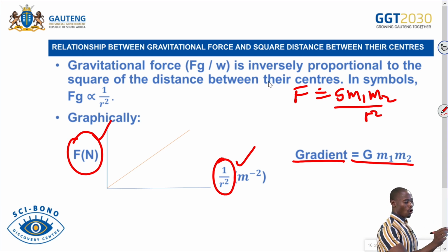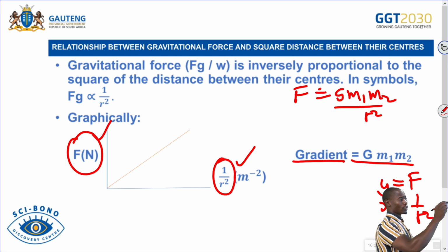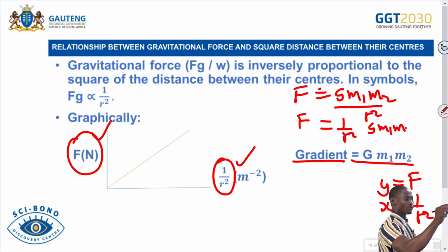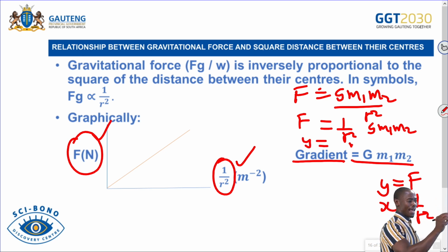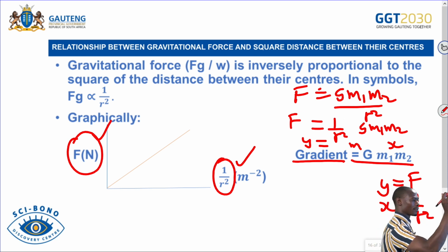So your y in this case is F, and then your x is 1 over r squared. So it will be F equals 1 over r squared times G m1 m2. If you say 1 times G m1 m2, you still have G m1 m2 over r squared. So this is y equals mx, right? I'm making a mistake here, sorry about that.